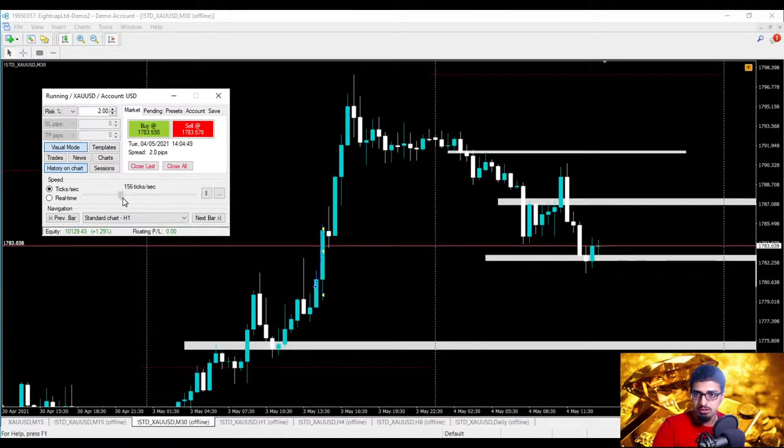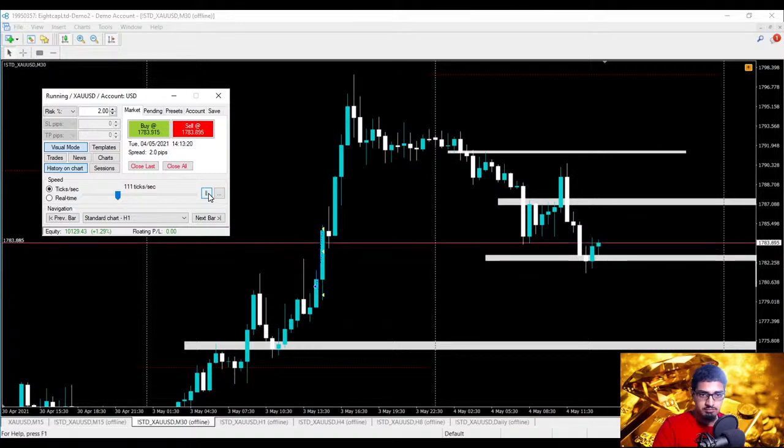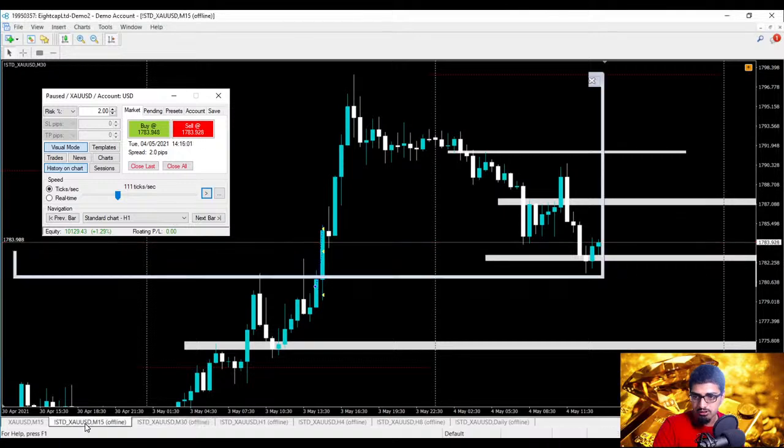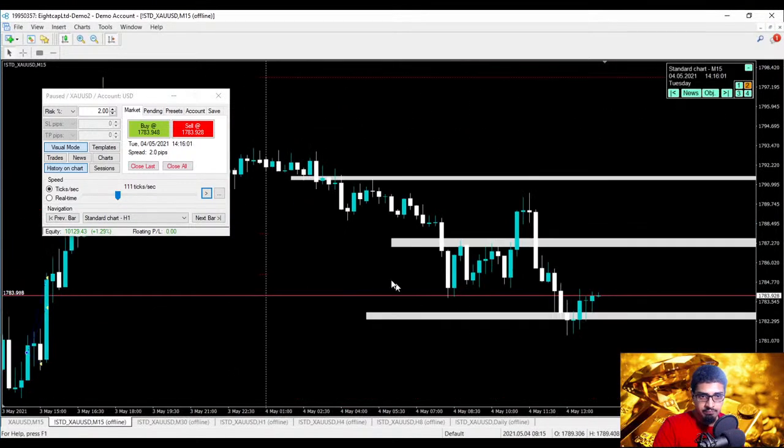I'm gonna speed this up a little bit. Let's go to 111. Let's go to the 15 minutes, see if we can see anything. Nope, just consolidating at this support.